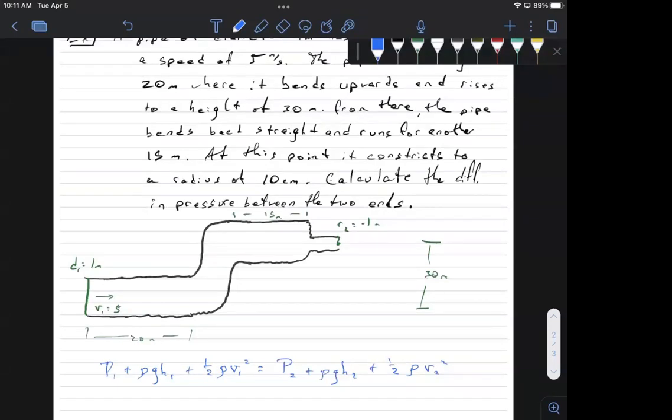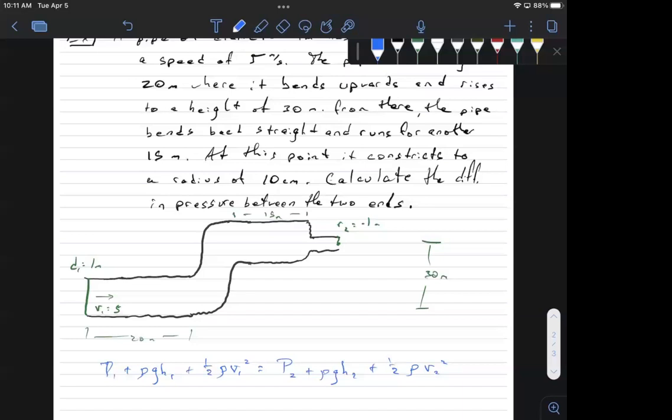The first thing I usually do is see if there are any terms we could cancel out, because that makes the calculation easier, with less stuff to add and subtract. Firstly, does the height change? Because if it doesn't, the rho g h terms can just cancel out. Unfortunately, it does change height, going up by 30 meters, so I need to keep those terms.